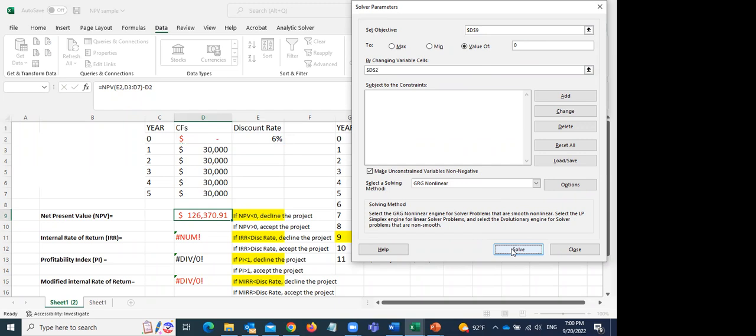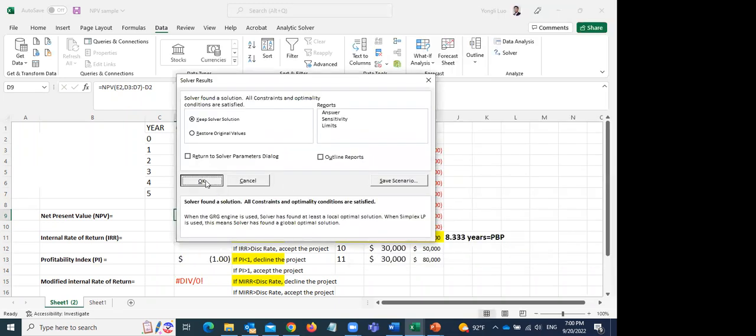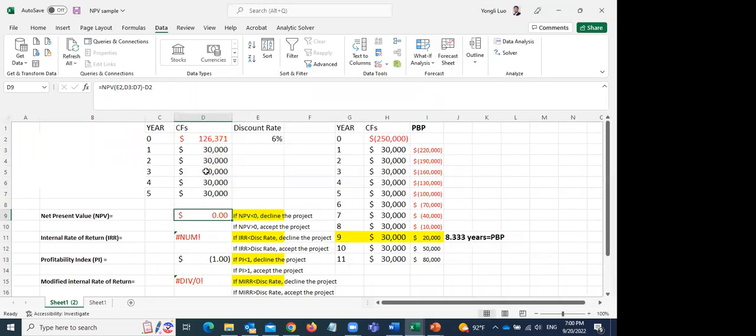Okay, we solve, and click on OK. So this way we have the price. Yeah, this is the price you need to pay.